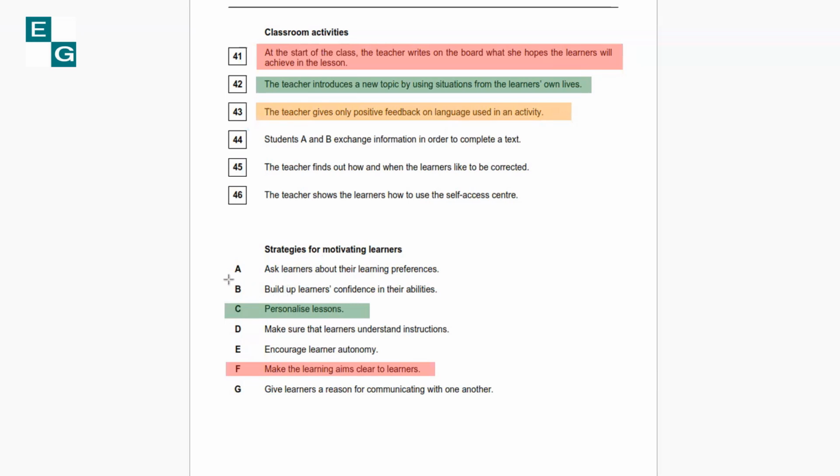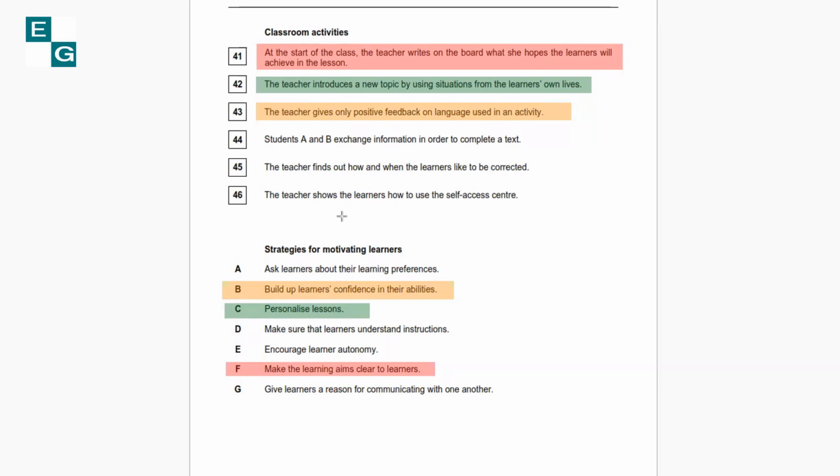If you want to do this as a strategy for motivating your learners, it's because you want to build up learners' confidence in their abilities by telling them, listen, you made some mistakes, but you really did well on this and that part, and I think this is good. If you can just keep practicing on it, I'm pretty sure you'll do better next time. So your students start feeling better.